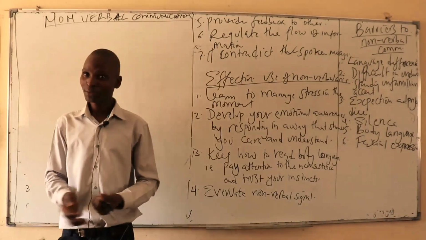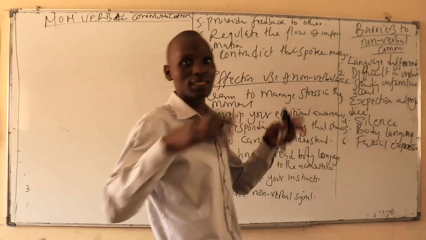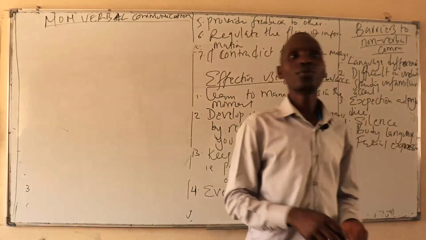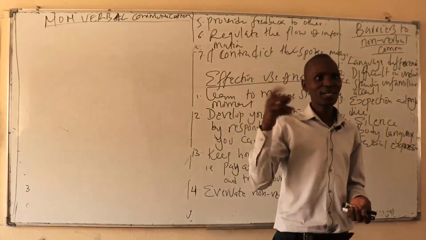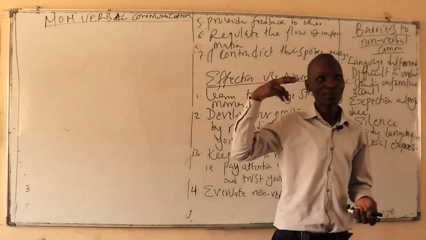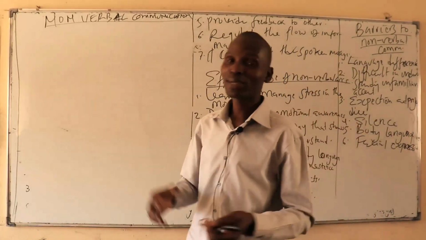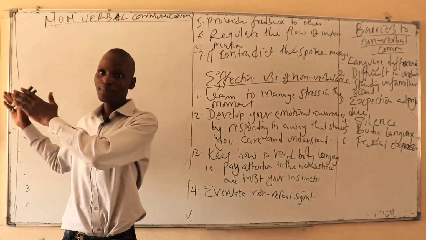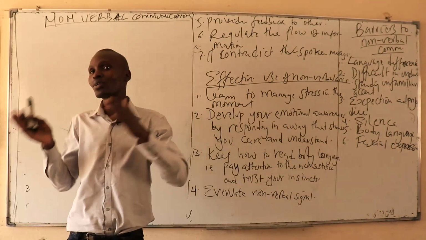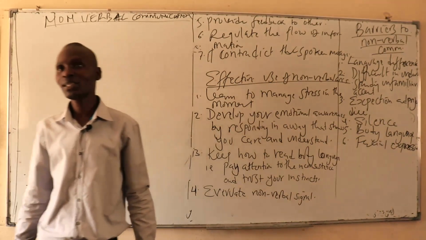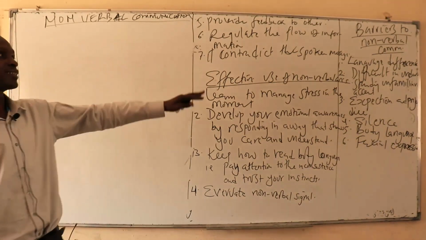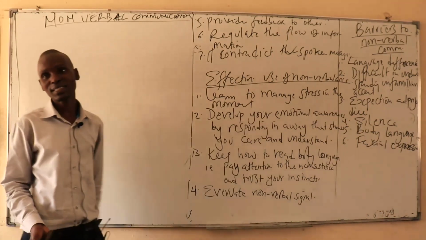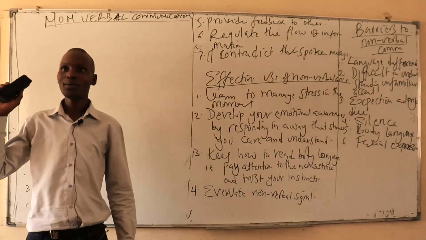But if such a person comes here and starts to express the same things, you will view that person as if he's a mad person or as if his brain is not working. But it's just a nonverbal expression that he used there. It is not what you are used to here. That's how a different, difficult to understand, unfamiliar accent becomes a barrier to nonverbal communication.